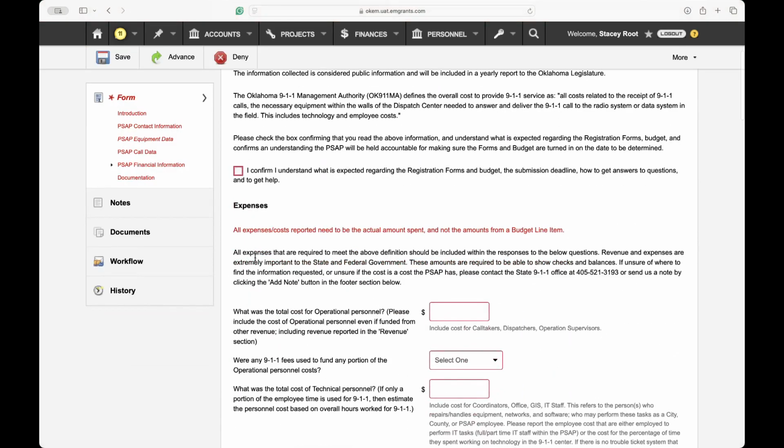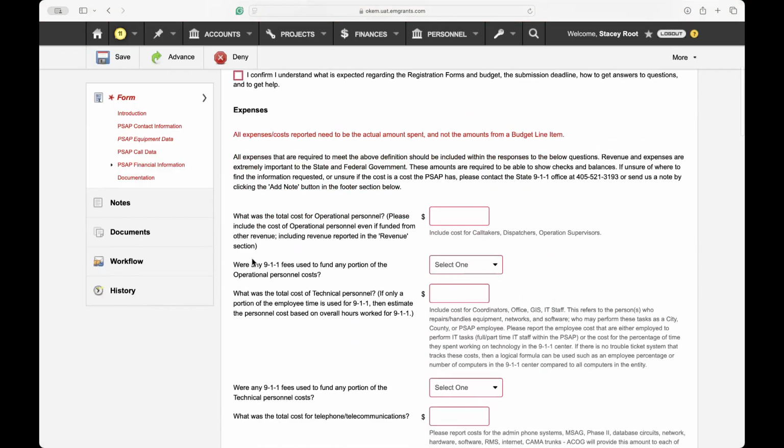Every year we kind of go through this as far as the technical personnel, and it usually ends up with $0 being an expense, but even if there is no dedicated technical person that is just for the PSAP that has a salary just to work in the PSAP, there's still a cost somewhere to have someone come in and repair computers or items or things like that on a local level.